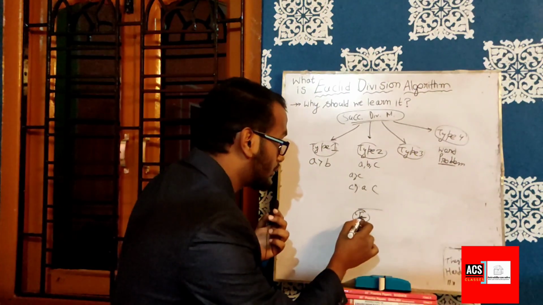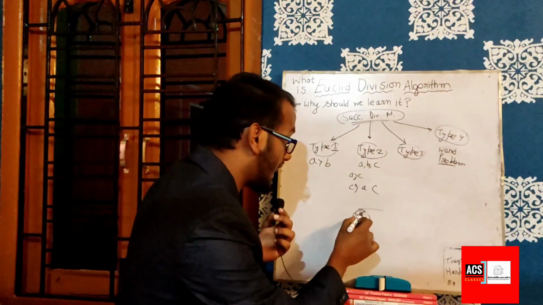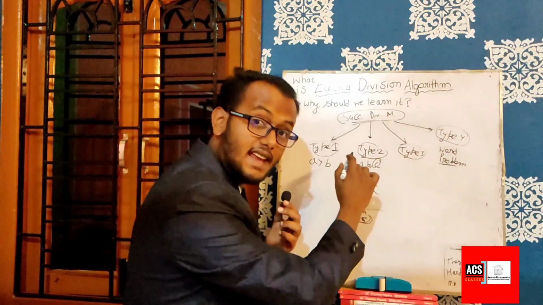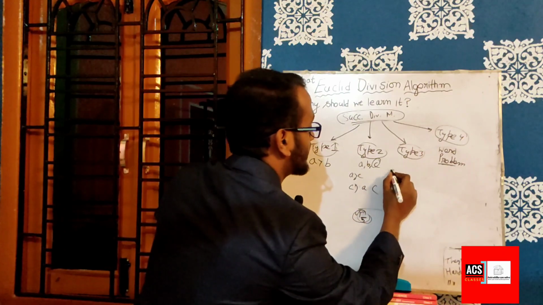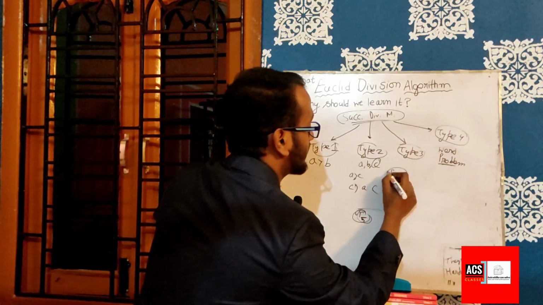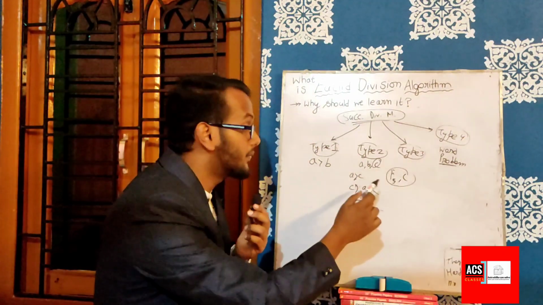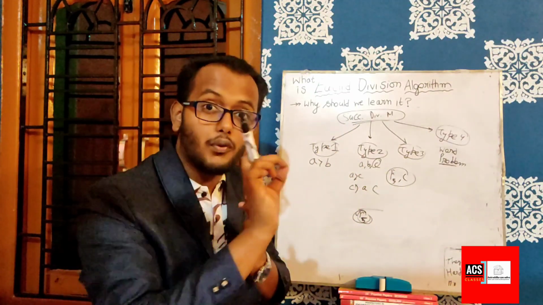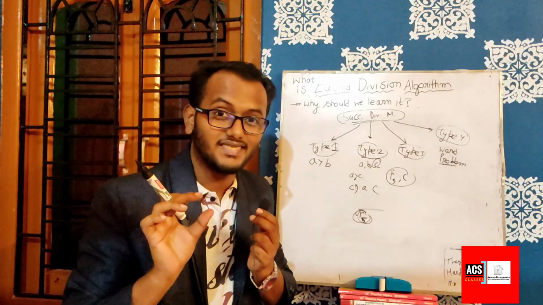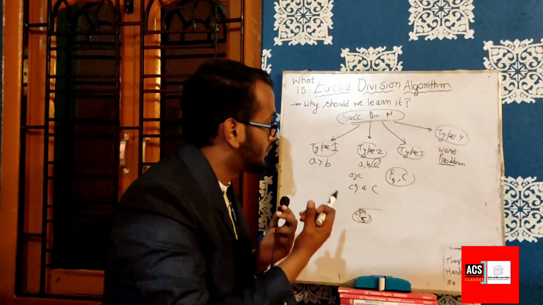Then we will find the HCF of R5 and C, and that final result will be the HCF of all the 3 integers. So this is about type 2.